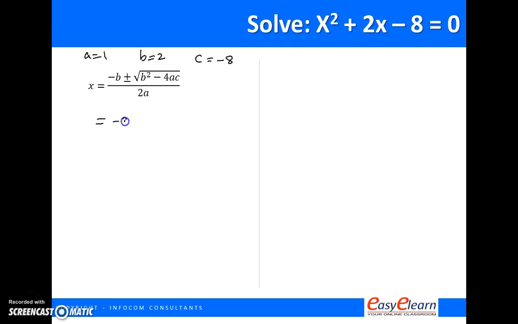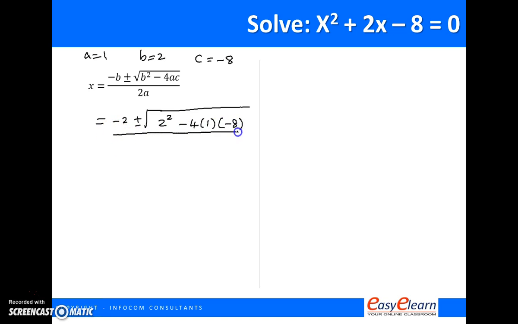Minus b, minus 2, plus minus square root. So it's a long square root. b is 2, so 2 squared minus 4 times a, which is 1, times c, which is minus 8.